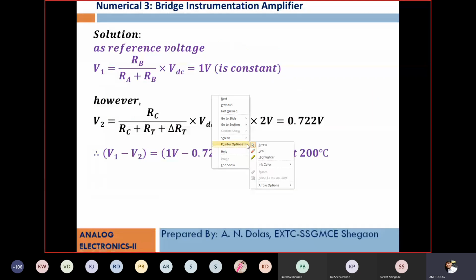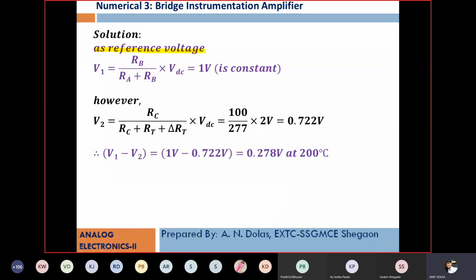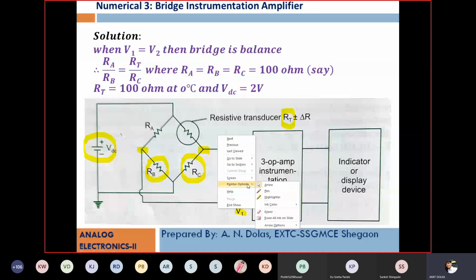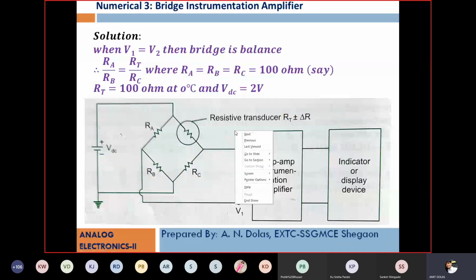Therefore, here, as a reference voltage, V1, will it change? No, V1 will not change. I'll go back to the diagram again. V1 is caused by what? V1 is caused by the applied voltage VDC through the voltage divider rule, that is RA and RB.